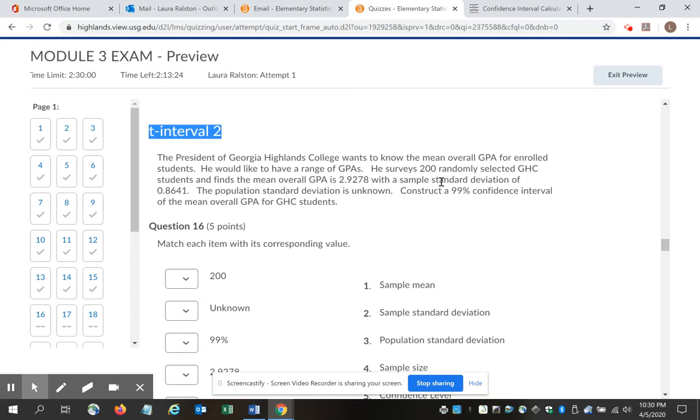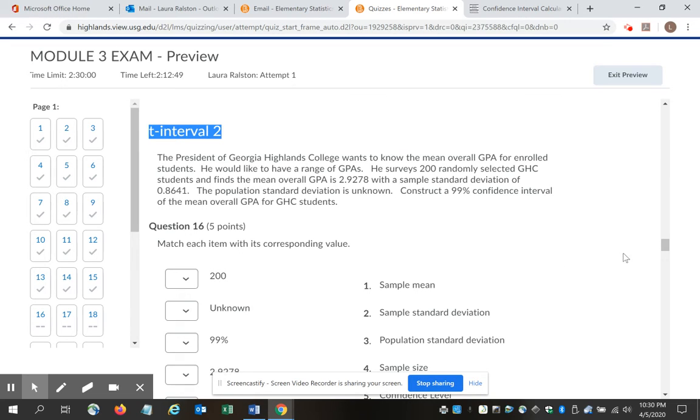He surveys 200 randomly selected GHC students. Overall, the mean overall GPA is 2.9278 with a sample standard deviation of 0.8641. The population standard deviation is unknown, and it wants us to construct a 99% interval.